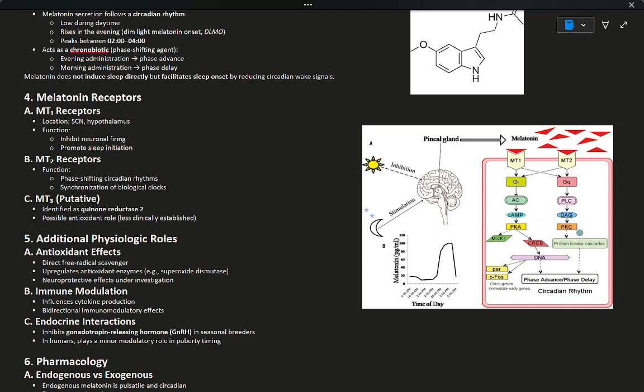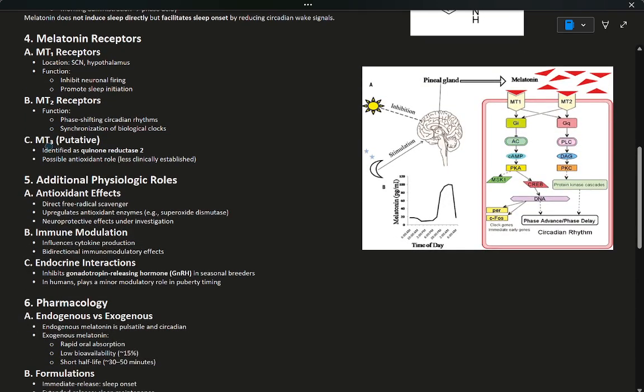And we kind of see that over here too, where all these signaling pathway components are involved. And then the MT3, or the putative receptors, this time they are typically identified as quinone reductase 2, and they may play a possible antioxidant role.